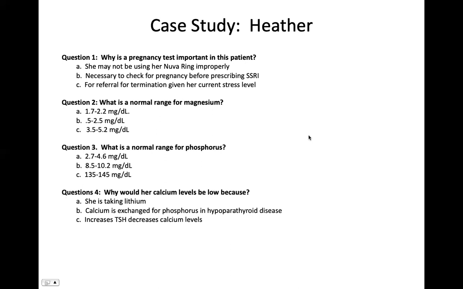Because what's going to happen is she's not going to have her calcium, and then the phos is going to be going up. All right. And so remember, you can either do Chvostek's sign, which is very, very good, on the face, or you can actually do it on the wrist. And that's just a really quick thing.